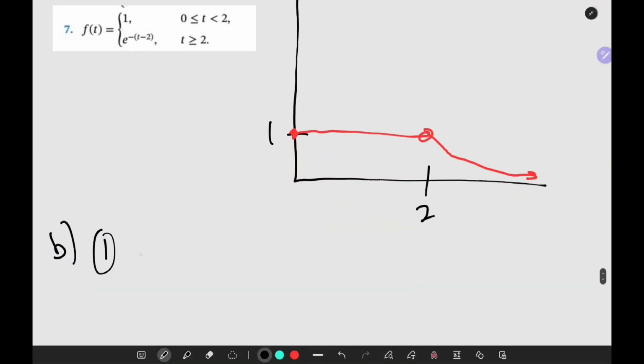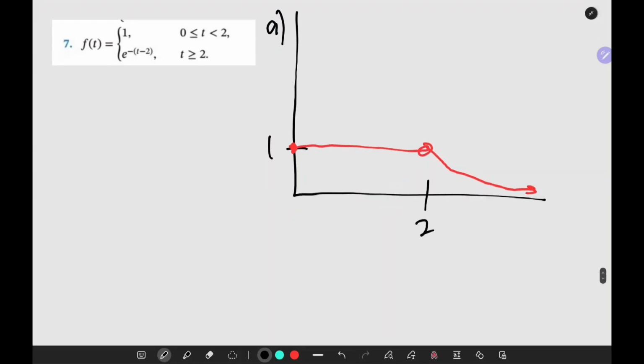So the first method, we start at 1. Oh, first of all. No, yeah, we're good. This is part A. Why did I just erase that? We start at 1.